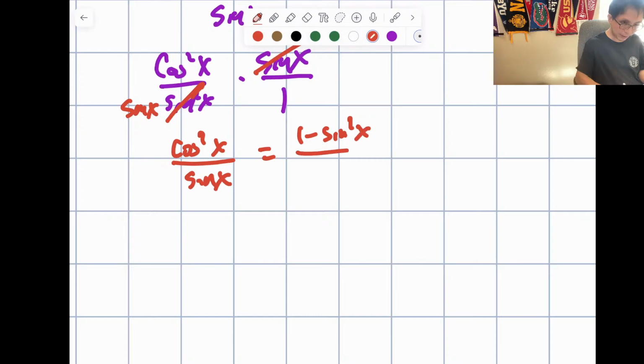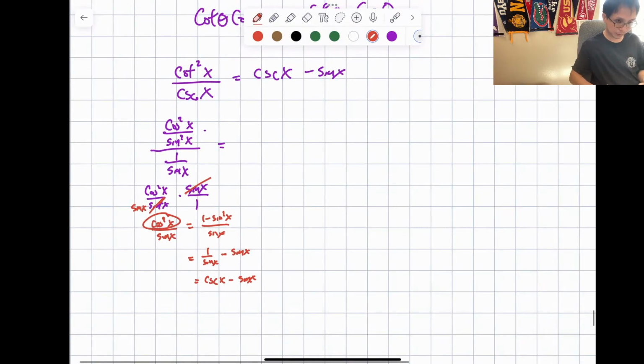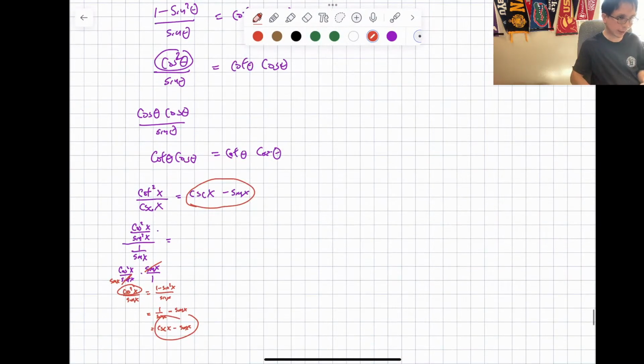Does that make sense? So can I split that? Because the bottom is 1 term? And that becomes cosecant of x minus sine of x. Can I change this cosine squared to 1 minus sine squared? And then that's equal to this. I didn't move the left side and right side. I strictly do things on the left side, and I'm just trying to focus on finishing that part off.